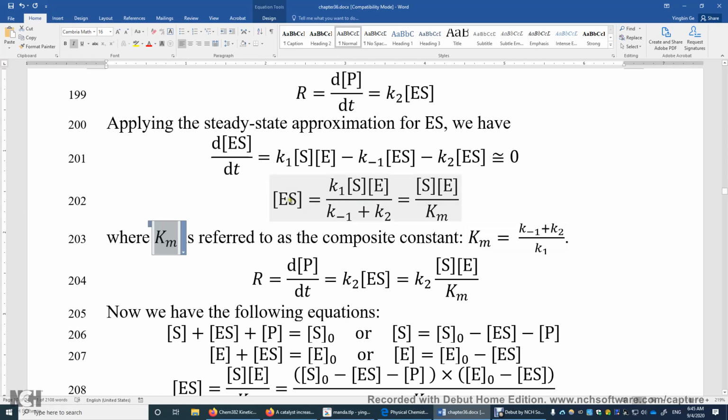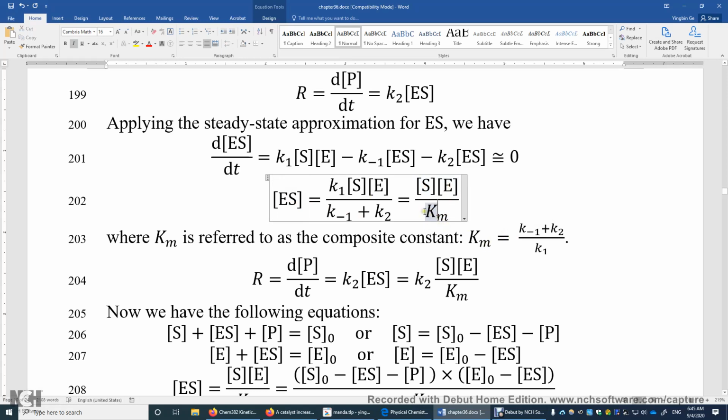So this way we simplify this equation. This M stands for Michaelis-Menten. Alright, so now we have ES is equal to S times E over this uppercase K sub M.